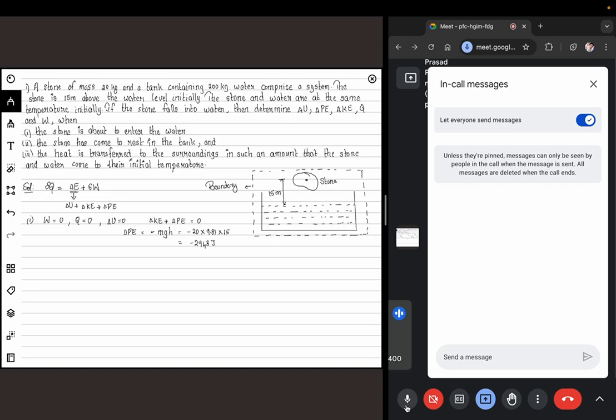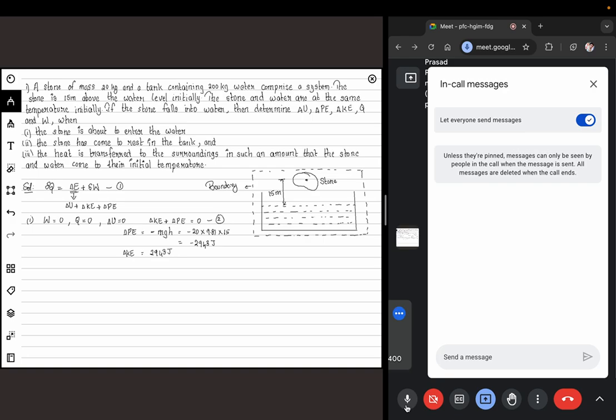This is the change in potential energy, and it is negative because the height is getting reduced. Now, let me call the first equation number 1, and this number 2. From equation 2, the change in kinetic energy is the negative of the change in potential energy, which is 2943 joules.